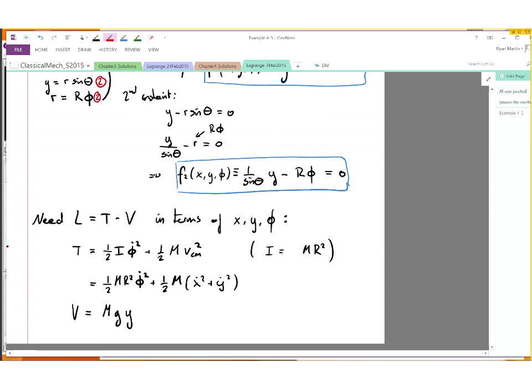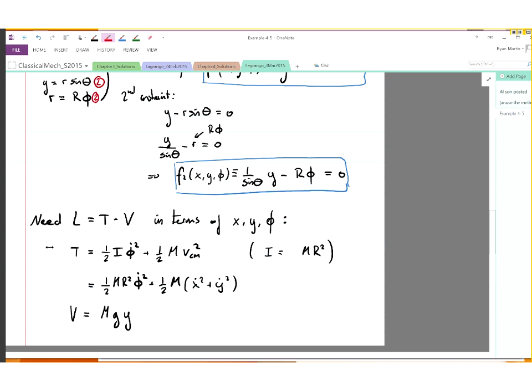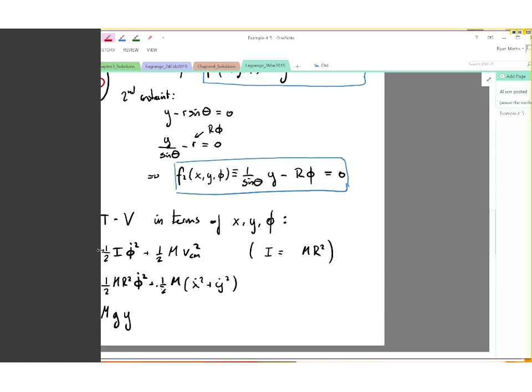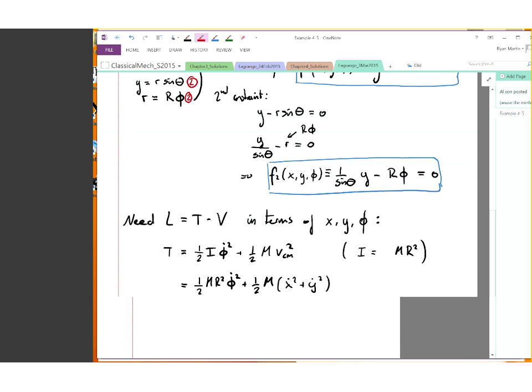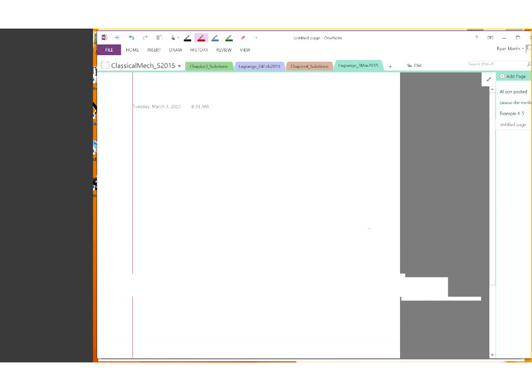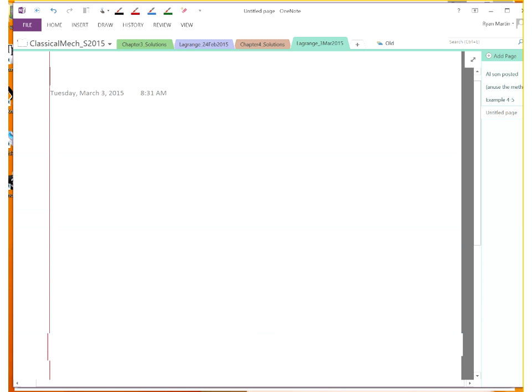Alright. Where does my thing for changing pages go? Alright.